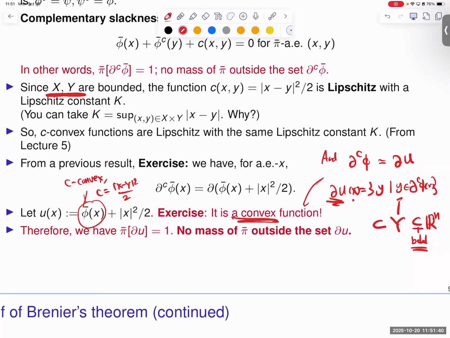That is exactly the definition of Lipschitzness.